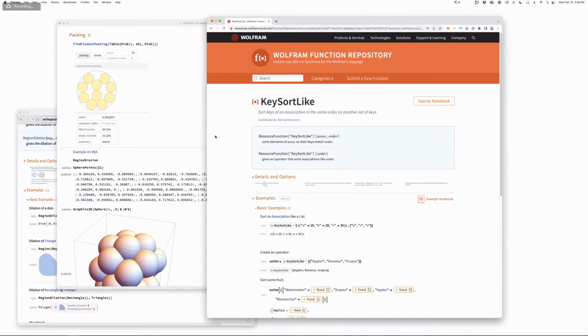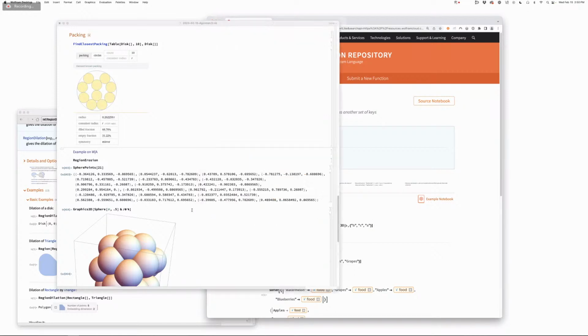What is this? You have an existing ordering and you want to sort your data like that ordering. I understand. So in an ordinary list, I don't understand why you don't just take this.